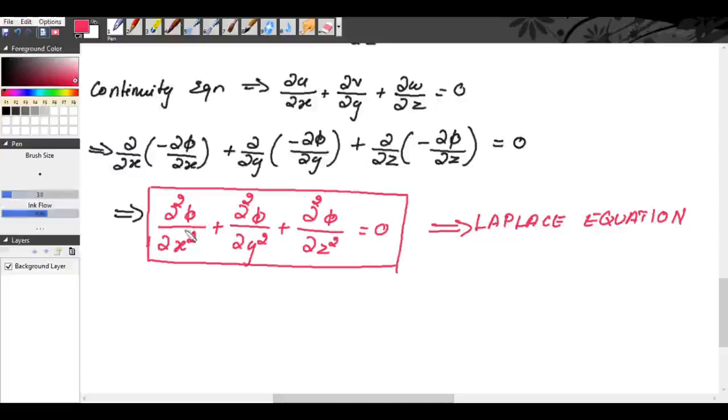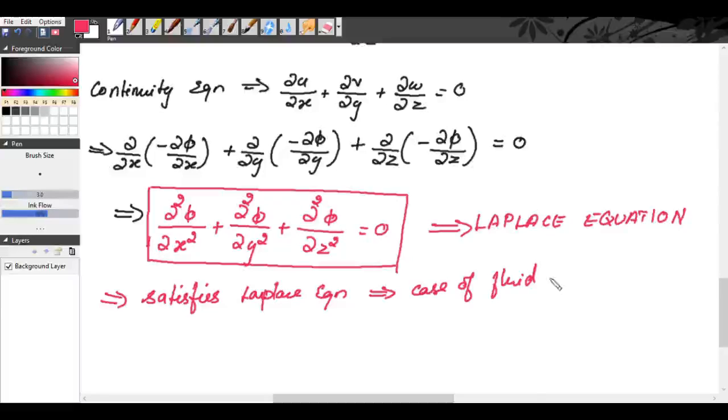Now, if the velocity potential function satisfies the Laplace equation, it implies this is a case of fluid flow. It can be any fluid flow, steady or unsteady, rotational or irrotational.